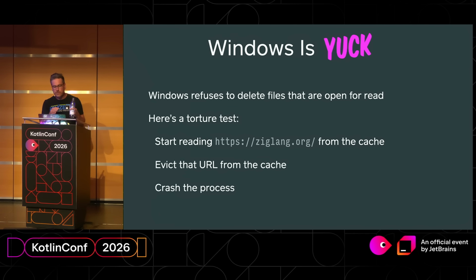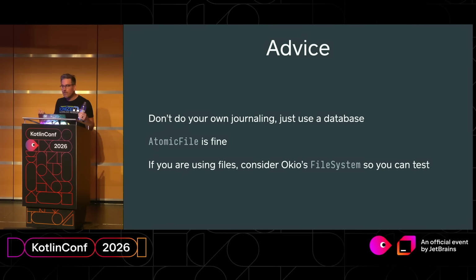And so we have this hazard, which is that we want to make sure that even if we were reading that file, we still want to ultimately delete it. And in Windows, as soon as you start reading a file, Windows is like, I will not let you delete this until you're done reading. And we have stuff in our cache to mitigate that, but it's just so ugly.